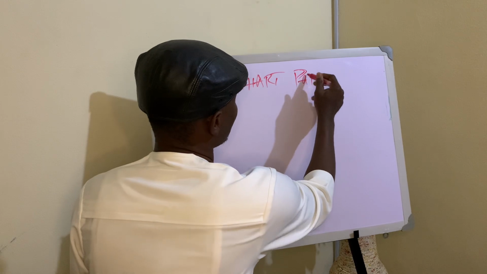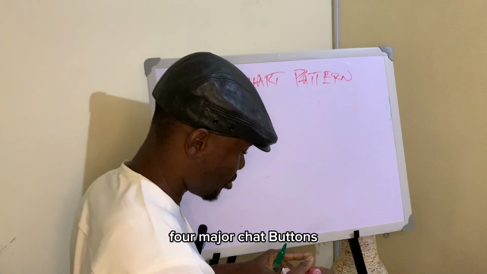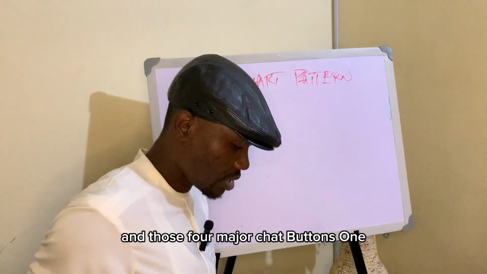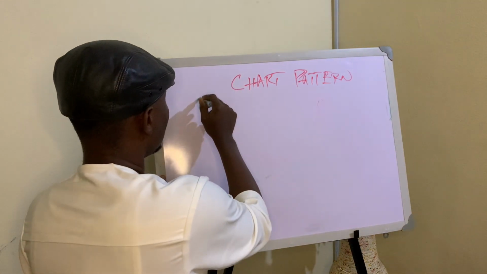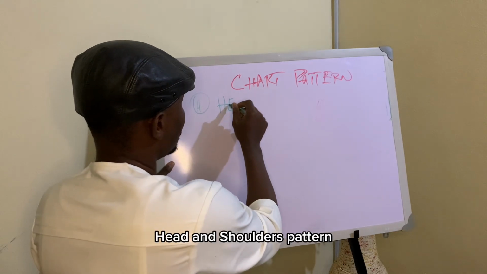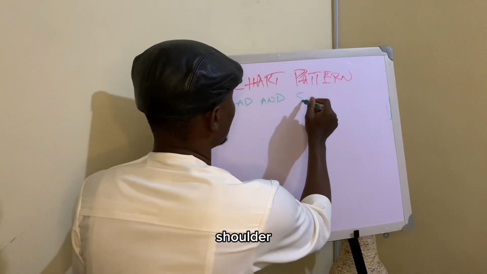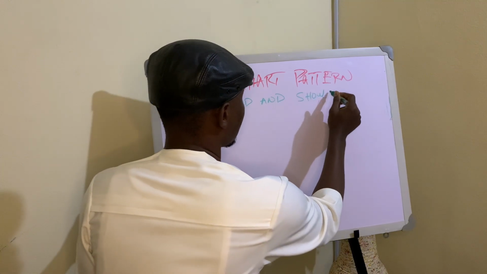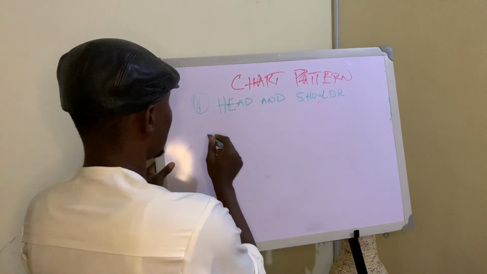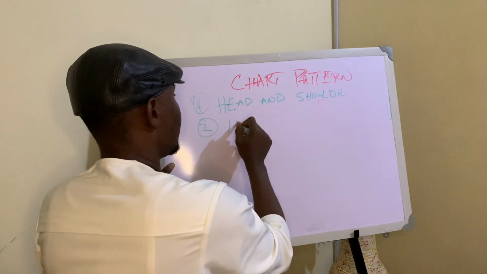I'll be talking about four major chart patterns. One, we'll talk about the head and shoulders pattern. Two, the inverse head and shoulders pattern.